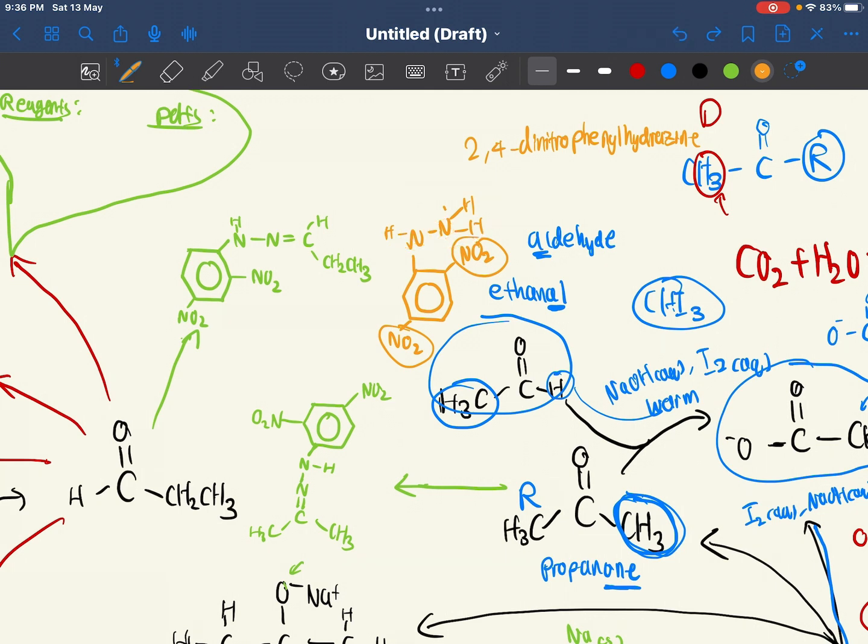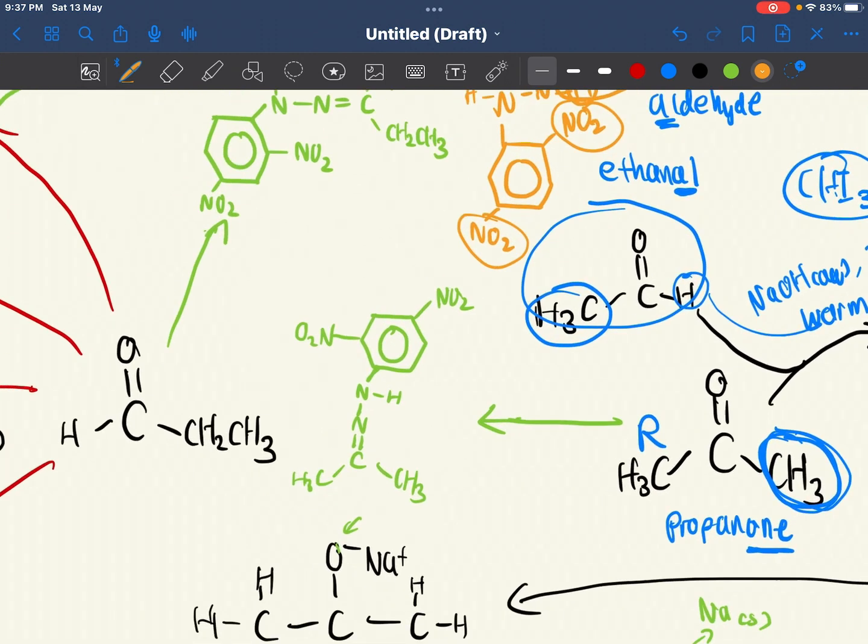So what actually happens here is that, if I can just reverse this a bit, both of my hydrogen atoms will react with the O of the carbonyl compound, be it an aldehyde or a ketone. It's a removal of a water molecule, therefore it's called a condensation reaction.